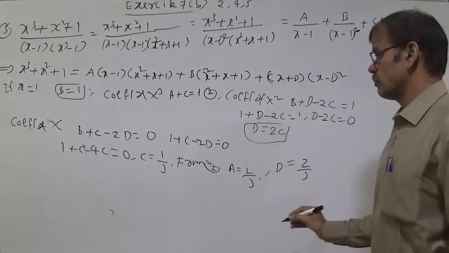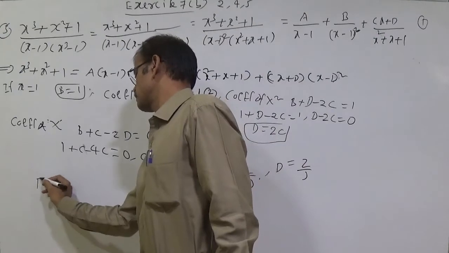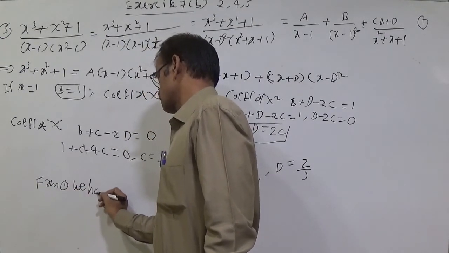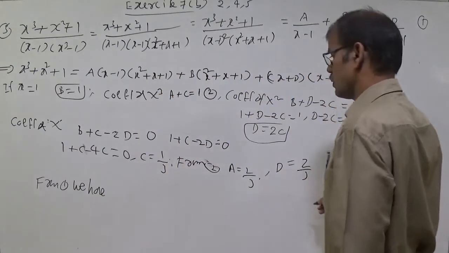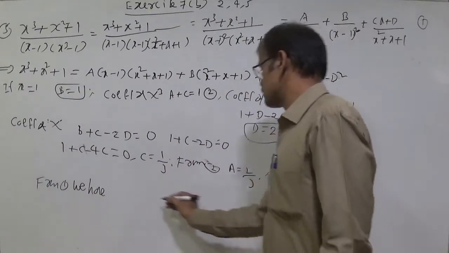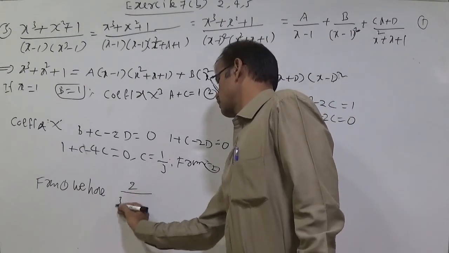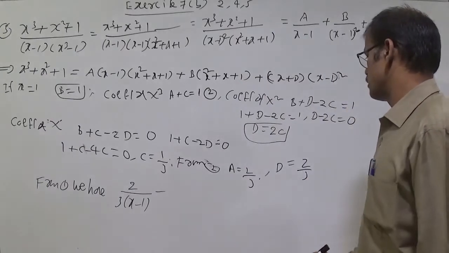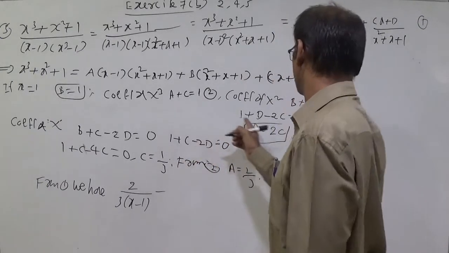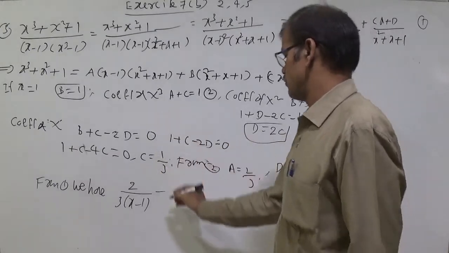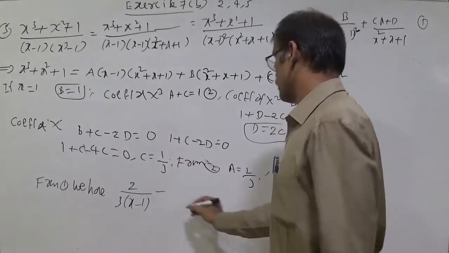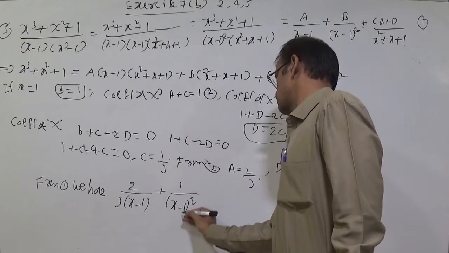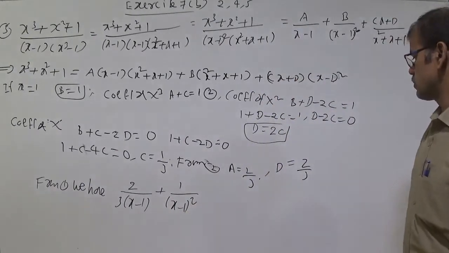Now from the first equation, whatever the value A we got, A means 2 by 3 into 1 by (x minus 1), plus B value 1 by (x minus 1) whole square, plus (cx plus d).